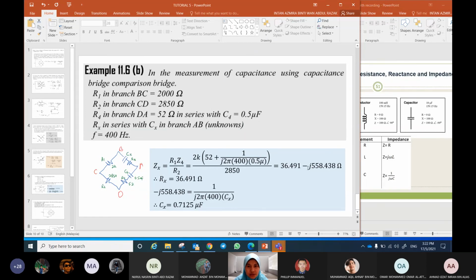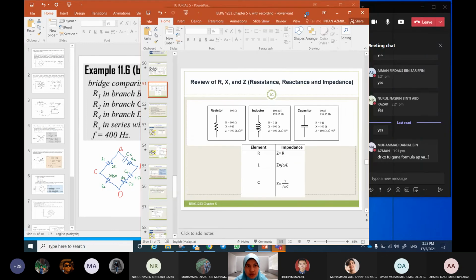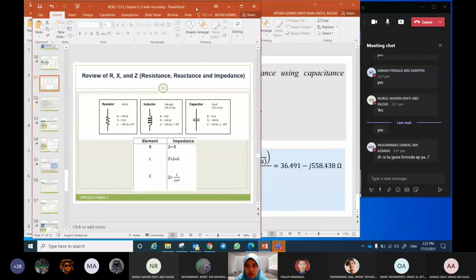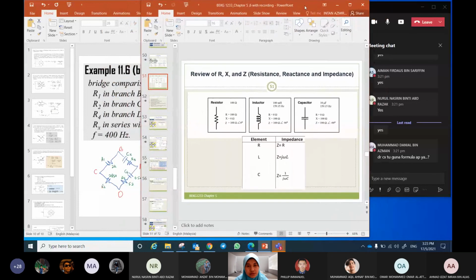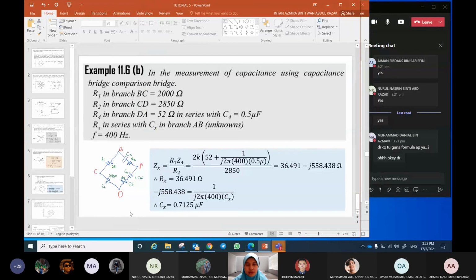Don't forget to put minus J. Minus J here is equal to this. Actually 1 over J is equal to minus J. Okay tak Daniel? Oh, okay.